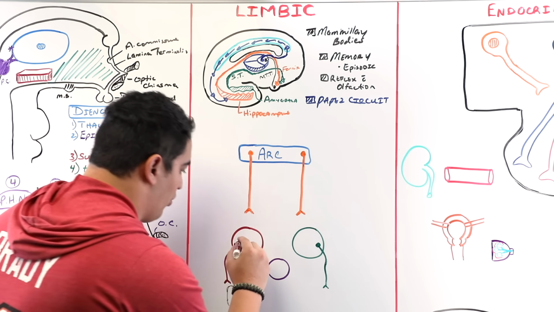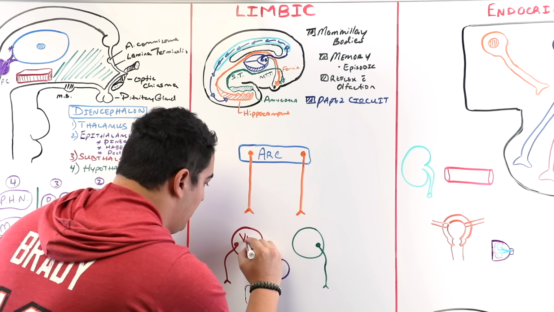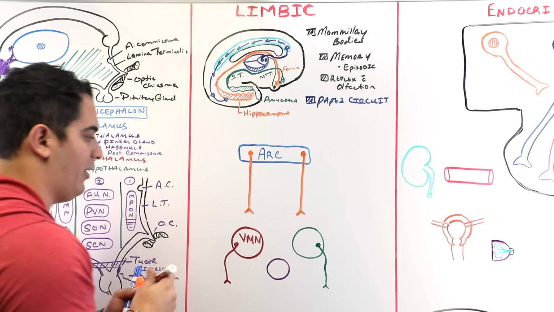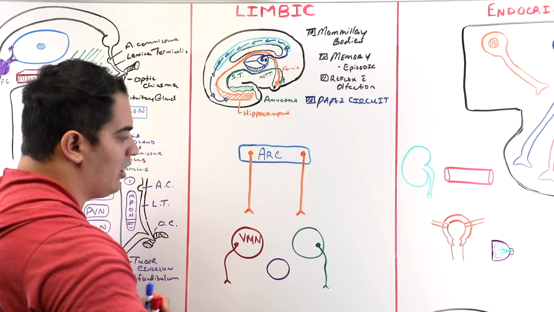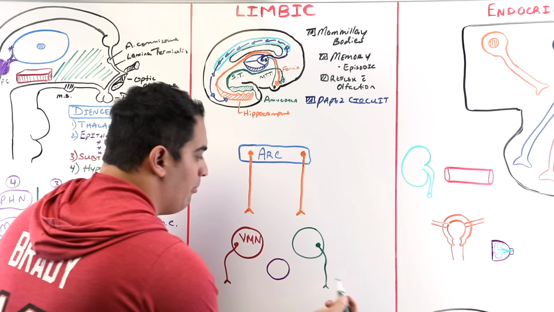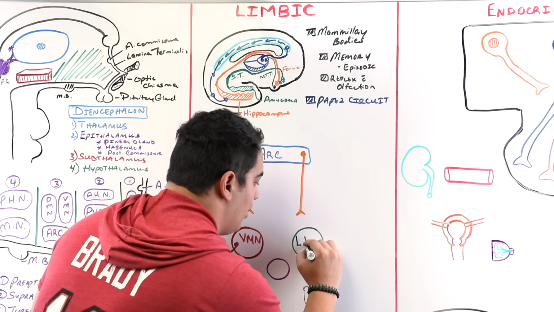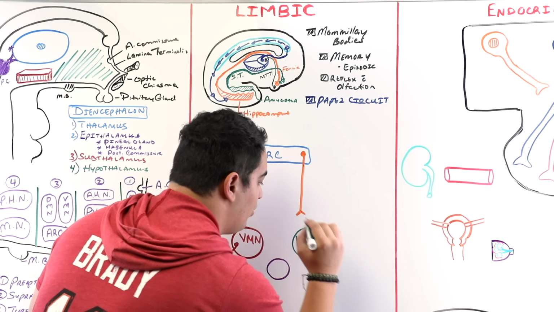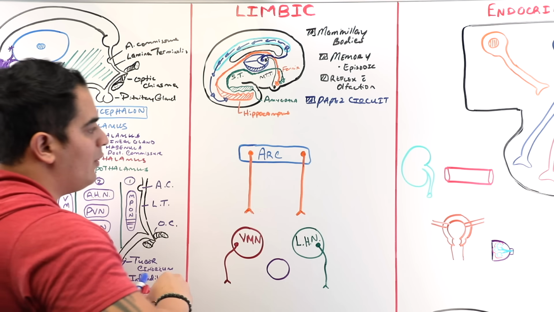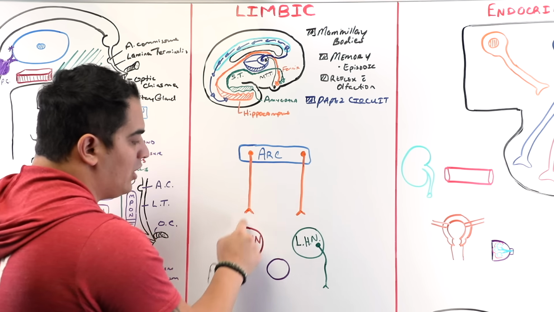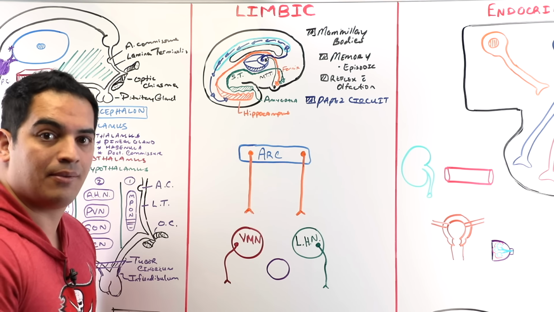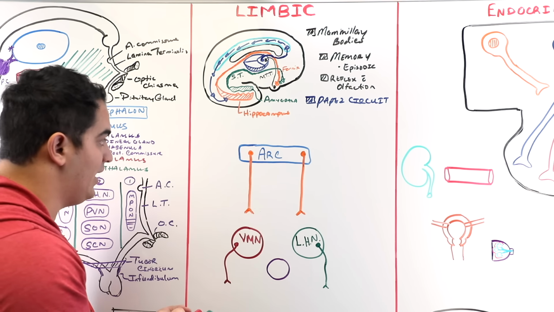One of them is called your ventral medial nucleus of the hypothalamus. And the other one we talked about is the one that you couldn't really see, but it was making up the whole lateral portion of the hypothalamus. This is called the lateral hypothalamic nucleus. Now, the arcuate nucleus can actually modulate the activity of these two centers by the types of neuropeptides it releases.